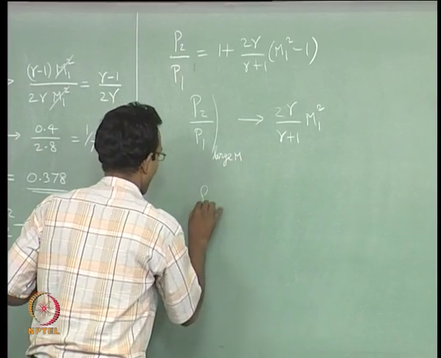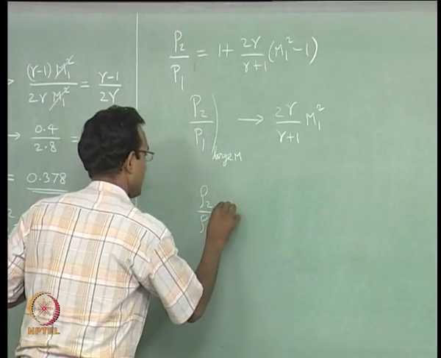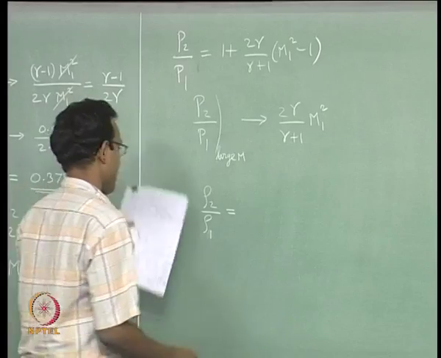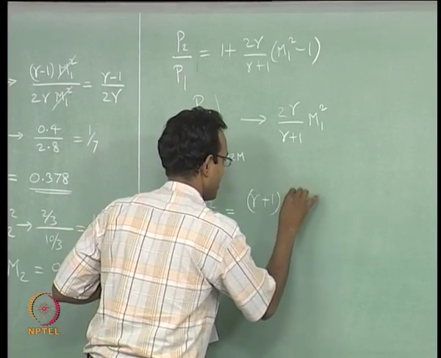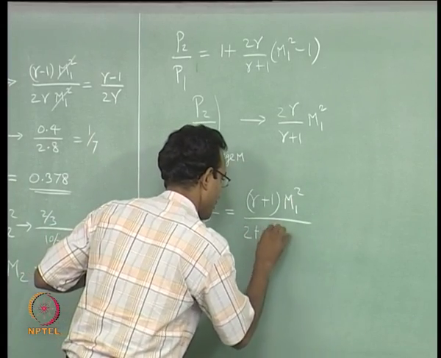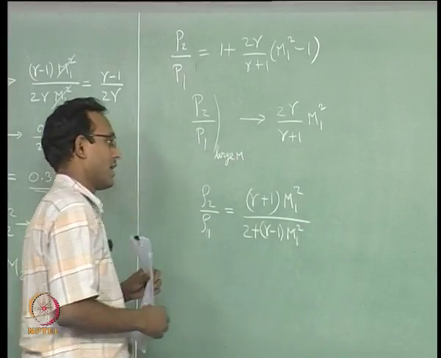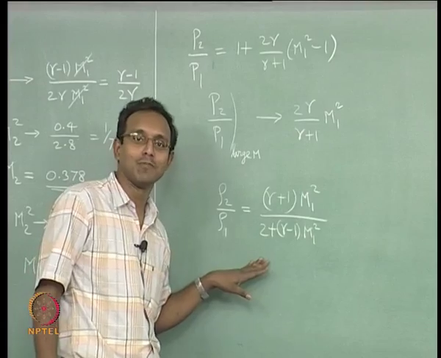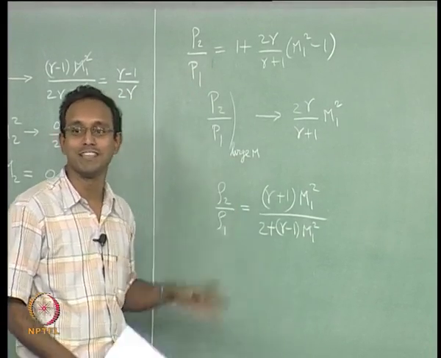Now, we will go to the density ratio rho 2 by rho 1. We had one more nice form to work with in this case. Of course, I have already tabulated all the various formulae which you can use. I am just picking one of them which will be very comfortable for this analysis.